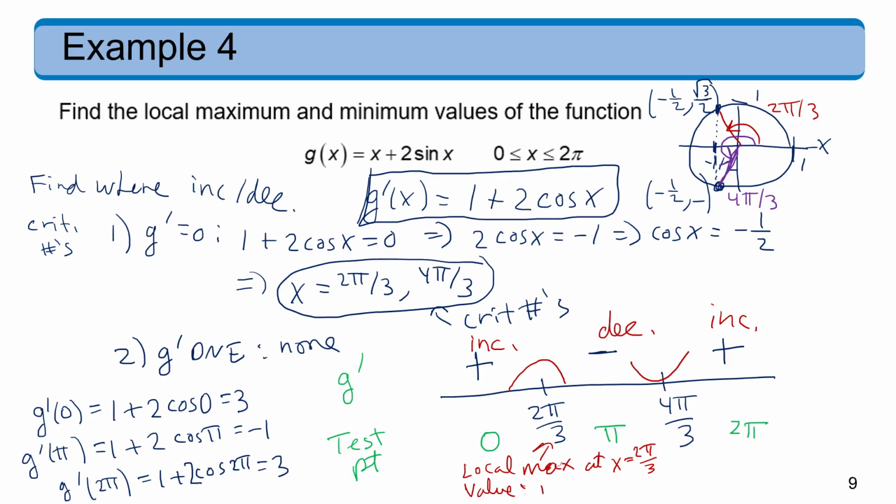I'll just say find g of 2 pi over 3. And then we have at 4 pi thirds, you can see in our picture, it switches from decreasing to increasing. That makes that a local min at this x coordinate, 4 pi over 3.